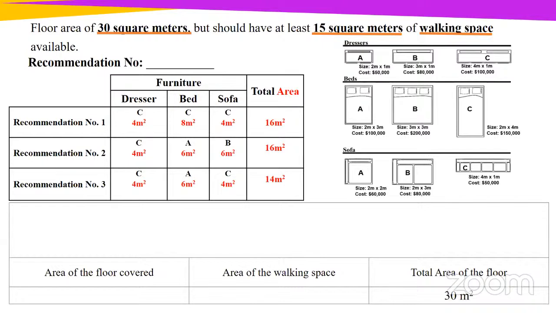We have the total area of the floor and the area of the floor covered, which would be the area of the furniture. What is it that we need to find in order to complete our table? The area of the walking space. Thank you. Very good. The area of the walking space.